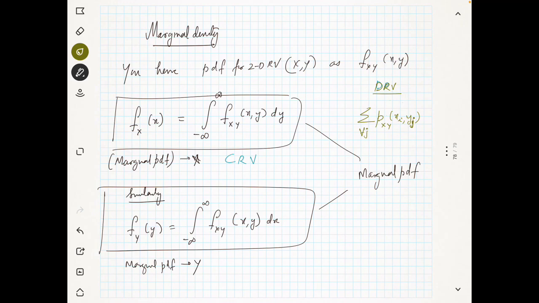That means we are summing over y, and then we will get p_X of x_i. So this is the case for the discrete random variable.